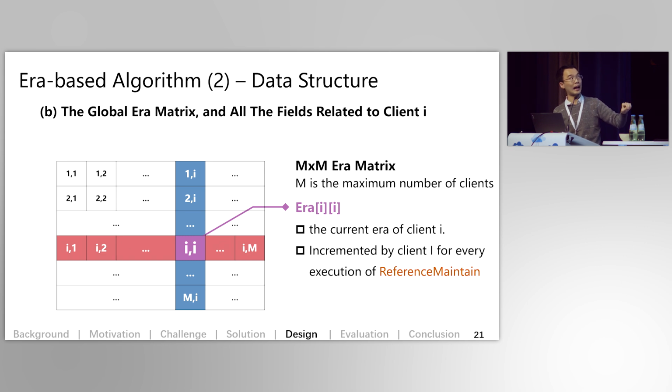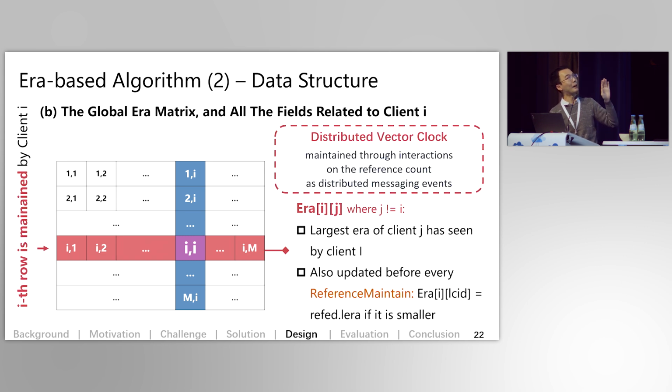And this client i will also need to maintain all the columns in the same row of the matrix, where every error ij represents the largest local error of client j that has been observed by client i. So essentially, this is just a distributed vector clock that uses the interactions on this distributed reference count as distributed messaging events.